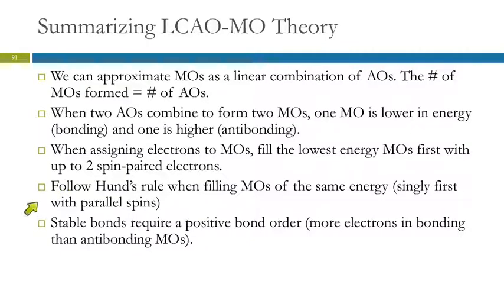We're going to follow Hund's rule, where we fill the orbitals of the same energy singly first, and then we pair them up. So in the hotel analogy, this is the electrons taking their own beds before they start sharing the same room. Stable bonds require a positive bond order, meaning you need more electrons in the stable bonding orbitals than you have in the antibonding orbitals.